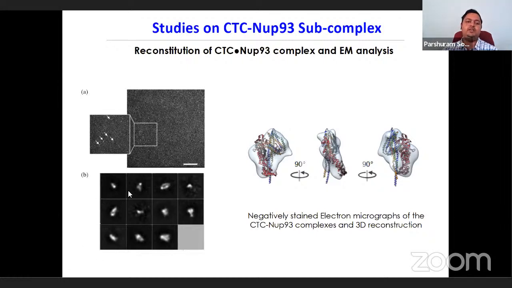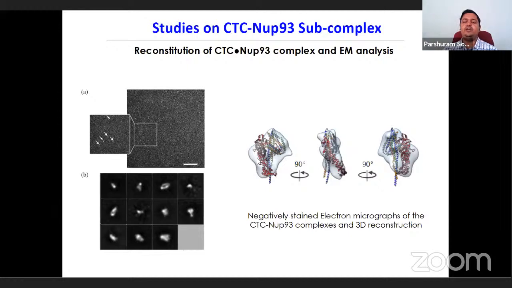This is what I'm showing in panel B, where we have different orientations of one three-dimensional object, in this case our CTC and 93 complex. And using different algorithms, we could get an initial three-dimensional structure of this complex, where we could get information about the organizational details of CTC and Nuc93.